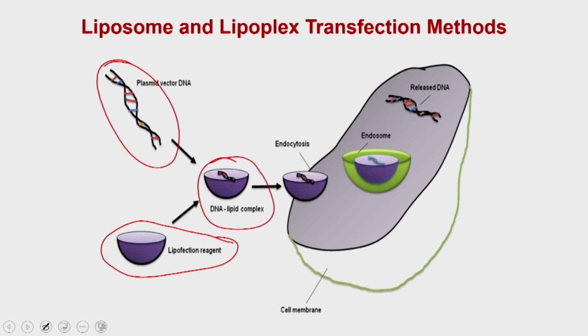Once these complexes reach and dock to the cell, the cell will engulf these vesicles through endocytosis, and they will reach a vesicular structure called the endosome. Within the endosome, the DNA is released from the vesicles and then reaches the nucleus, and within the nucleus it is going to express this protein.